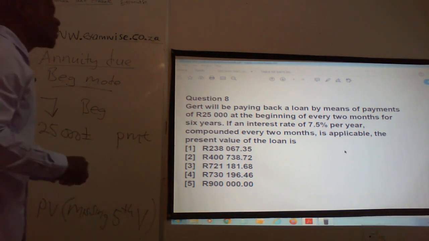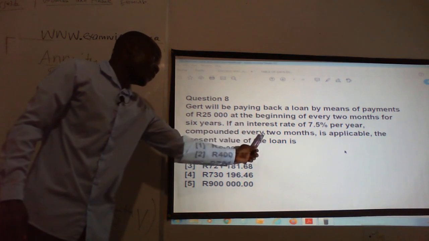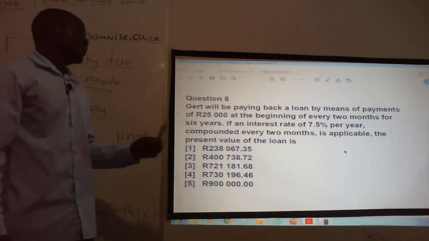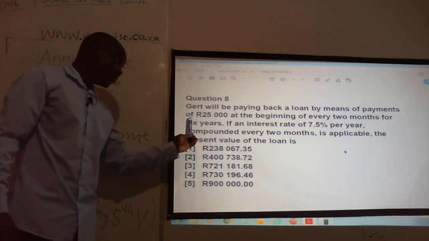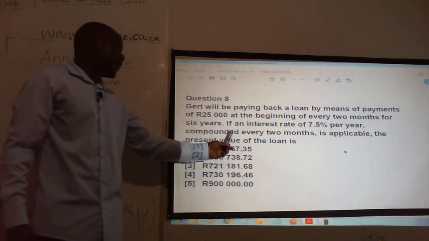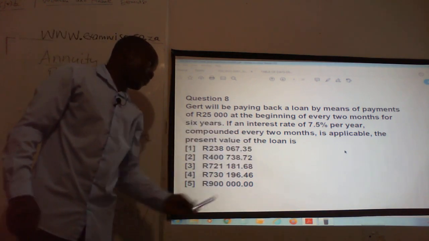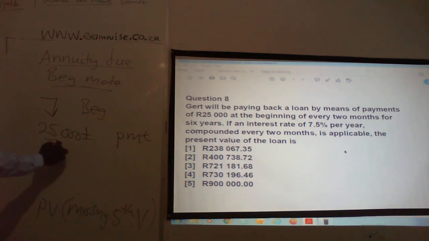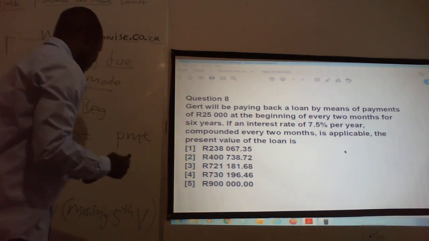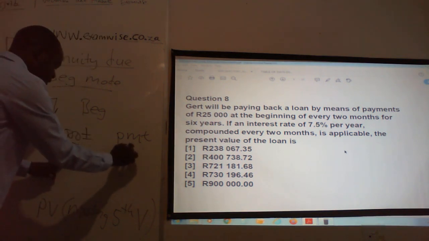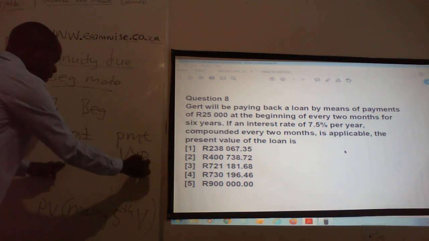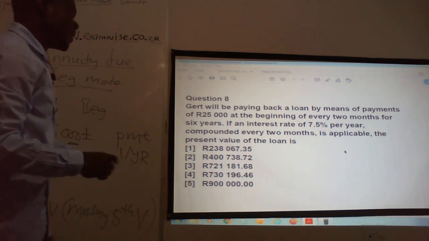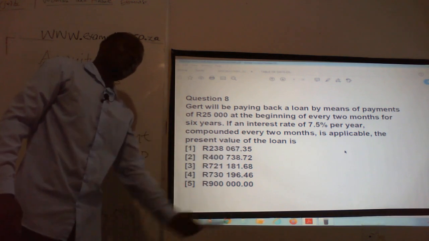And then at the beginning of every 2 months for 6 years. If an interest rate of 7.5% per year, so it means our interest rate here is 7.5. You remember that we said we enter it as it is, so it will be 7.5, and then here we use 1 over YR per year, compounded every 2 months.